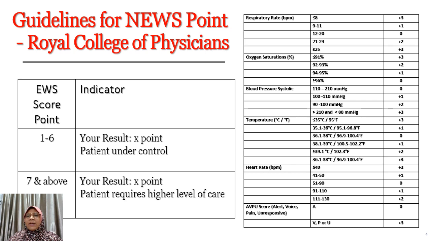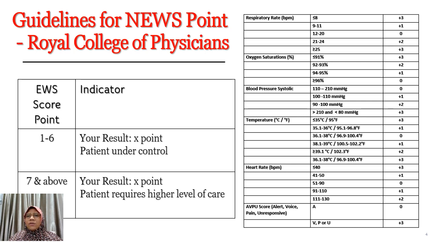Same thing goes if the person is breathing too slowly, for example, the breathing rate is 9 to 11 instead of the normal range of 12 to 20. Now the score also has a point score of 1. If the person has a very low breathing rate, less than 8 per minute, the score also increases in value to 3.